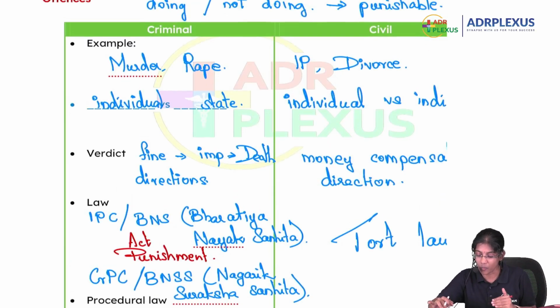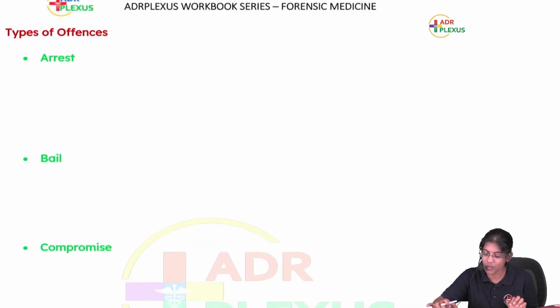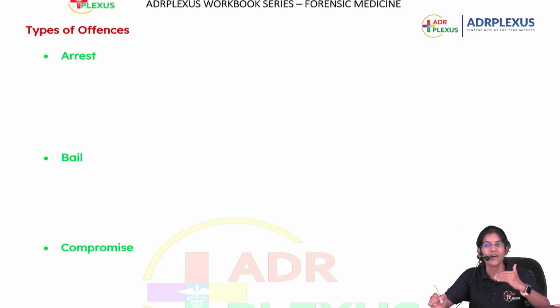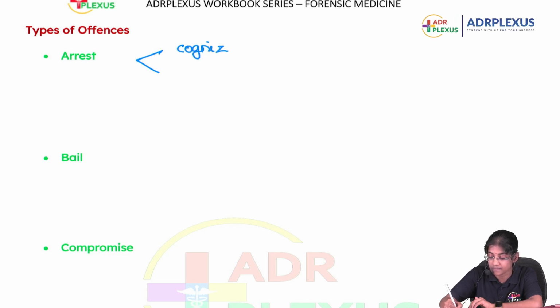Okay. Now, this is offense. Let's go into the types of offenses. Whether the person can be arrested by the police directly or not defines cognizable and non-cognizable.